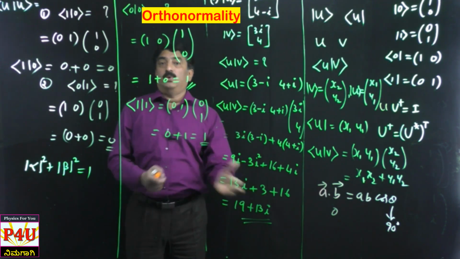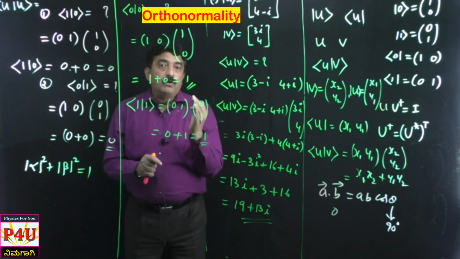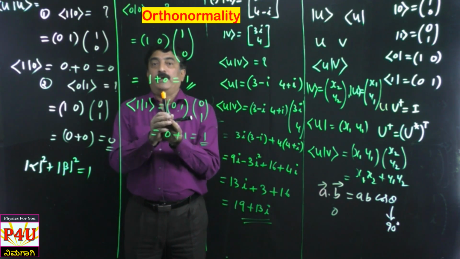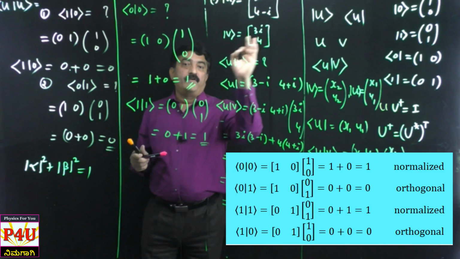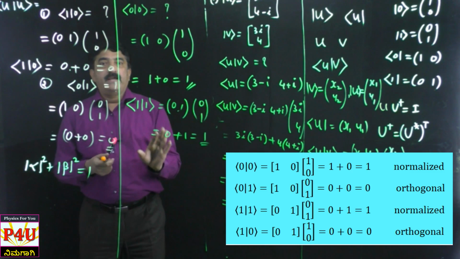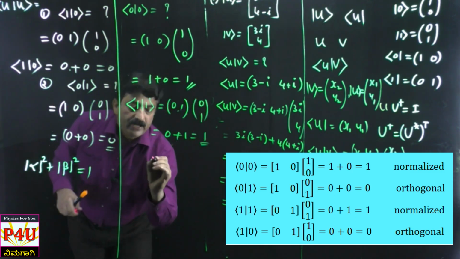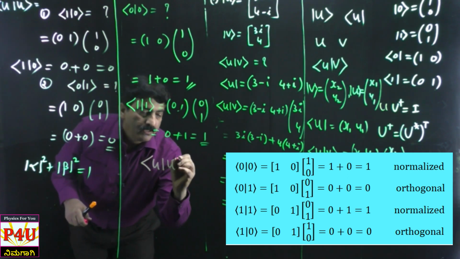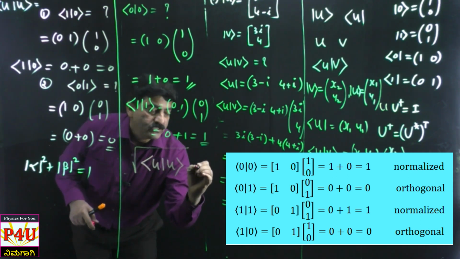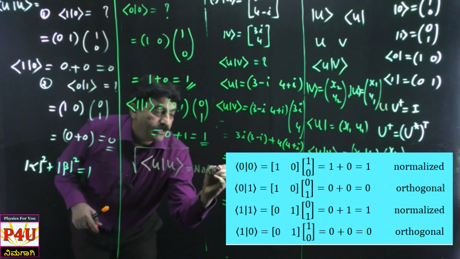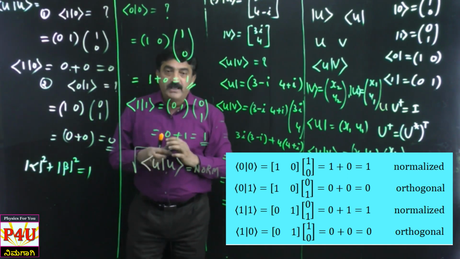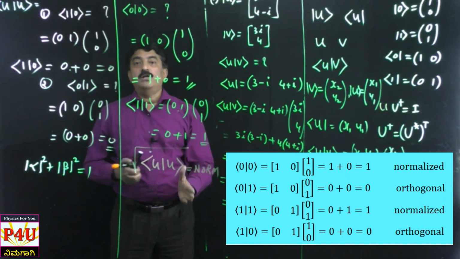Ortho means the vectors are perpendicular. Normal means their magnitude is finally going to be 1. This is nothing but the norm, as I told you. The inner product of u under a square root gives you the magnitude, that is nothing but the normalized value, the norm.